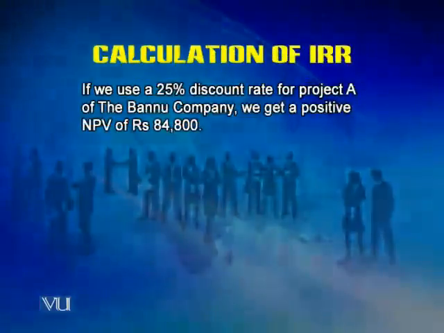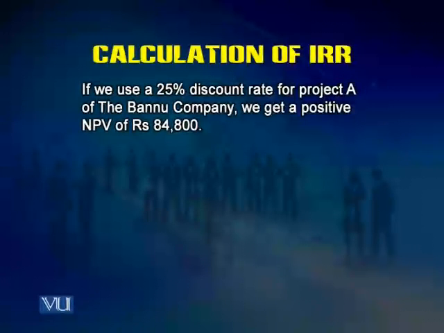So, for example, you try 25%, and if 25% gives you a positive NPV, then you calculate the NPV at 35%, and that might give you a negative NPV. So that will give you an idea that the IRR is going to lie between 25% and 35%. We can look at this by looking at an example.